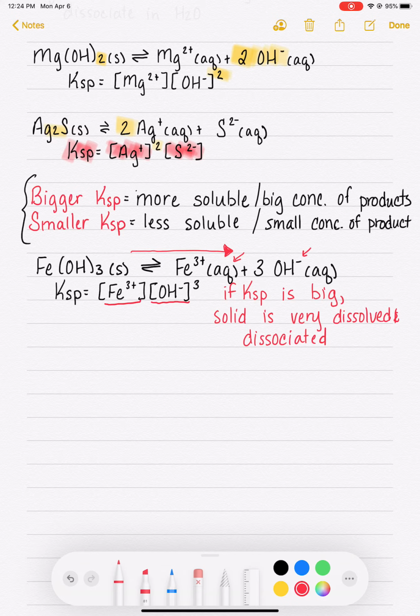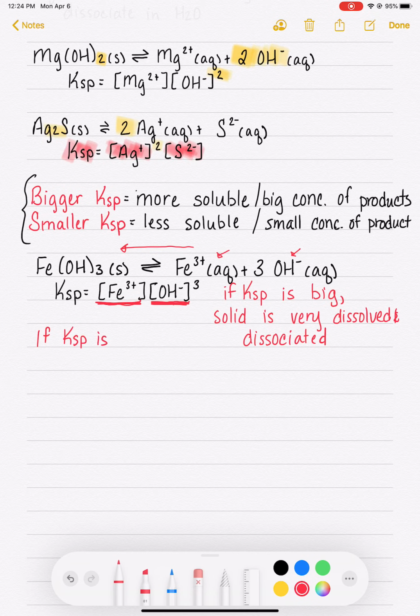On the other hand, if the Fe(OH)3 is not very soluble and it's not dissociating and the position of equilibrium is over here, we have very small concentrations of these products. The concentrations of iron ion and hydroxide ion are going to be very low, which is going to result in giving us a small value of KSP.